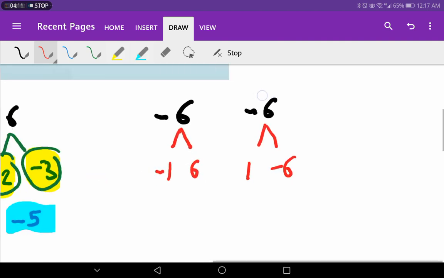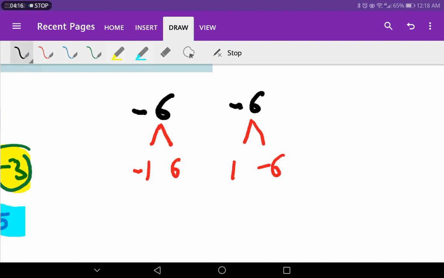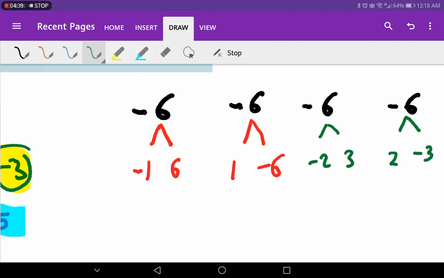Also, the -6 comes from -2 and 3. And the -6 comes from 2 and -3. Yes, because the product is negative, one of the factors must be negative, and this is a good point.